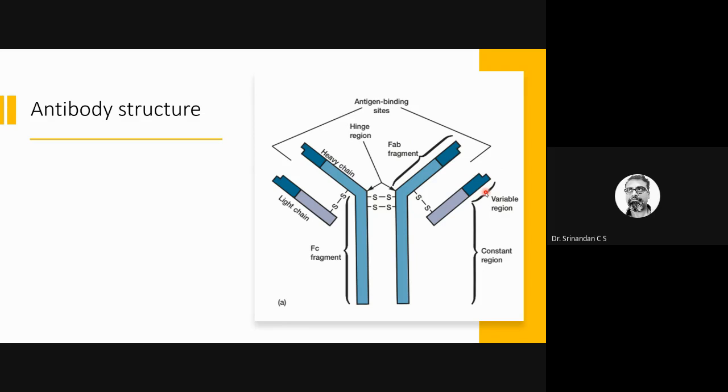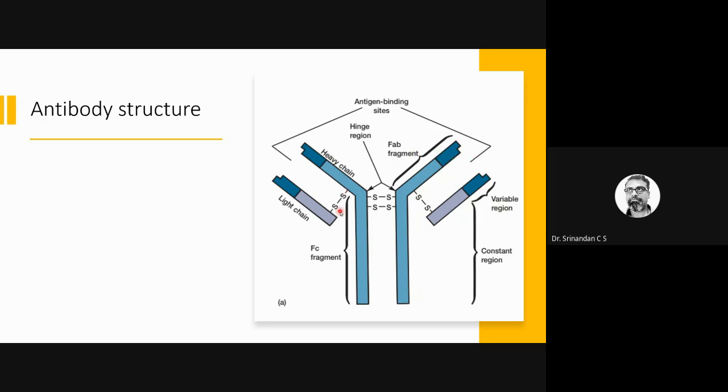So there is a kind of plasticity, just like plastic, which has the feature of extension. This also has a feature of plasticity, where rearrangements can be made so that it suits whatever antigen has come in. But this constant region will have the same nucleotide and gene sequences, and the protein sequences also will be the same.